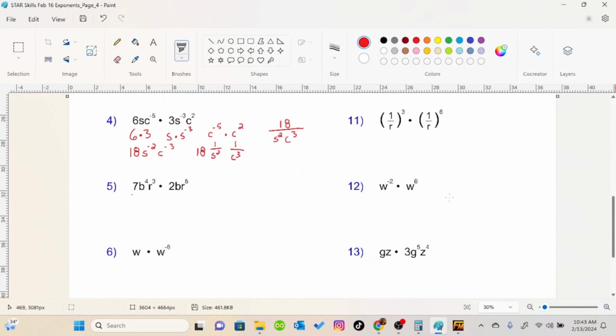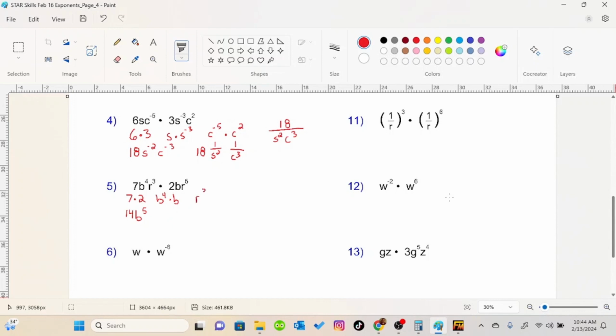Number 5. We have 7 times 2, which is 14. We have b to the 4th times b. 4 plus 1 is 5, so this becomes b to the 5th.